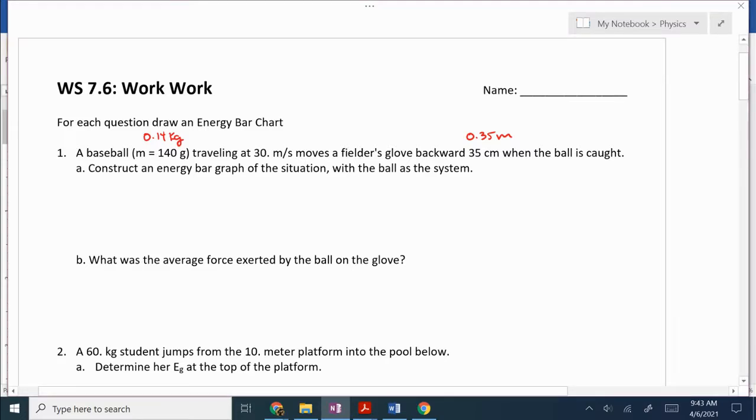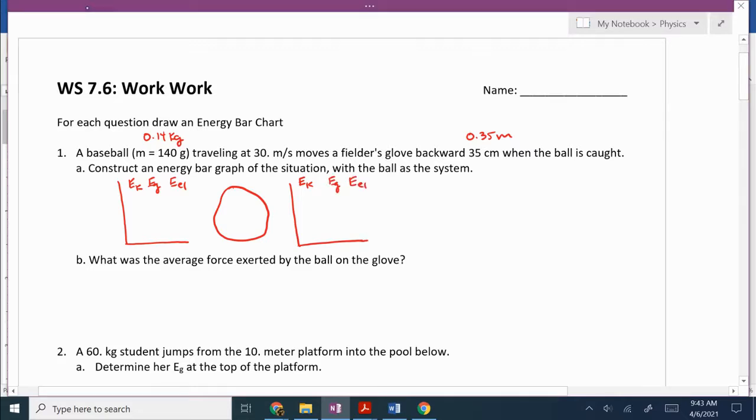Okay, so first up, draw an energy bar graph diagram. We'll just sketch one of those real quick. Kinetic energy, gravitational energy, and elastic energy.